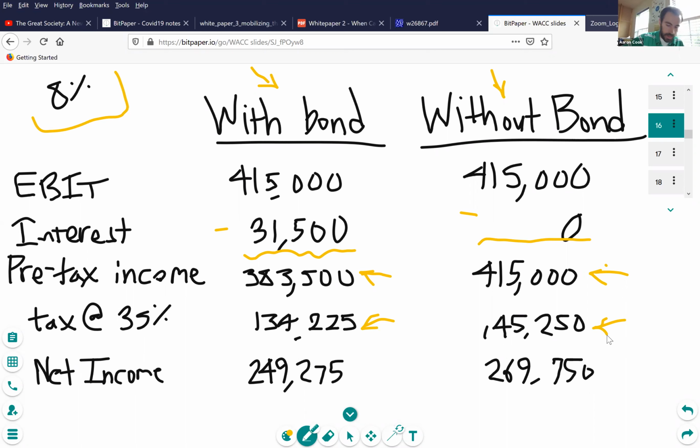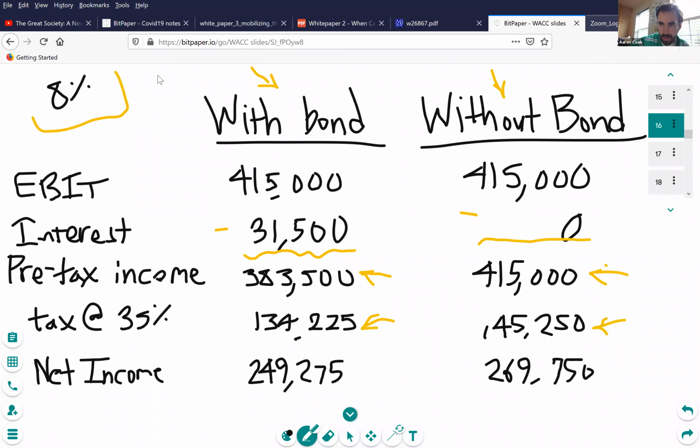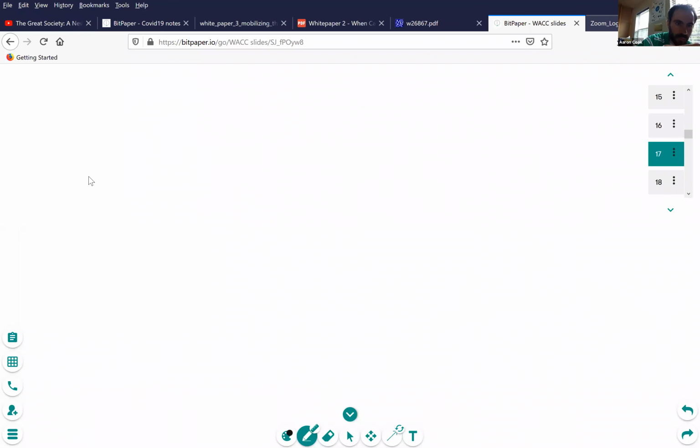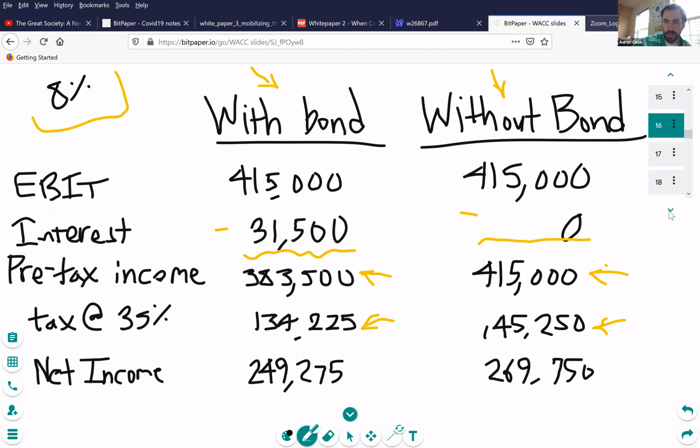But if we take these tax savings amounts, so try to remember this, 134,225. We had 145,250.